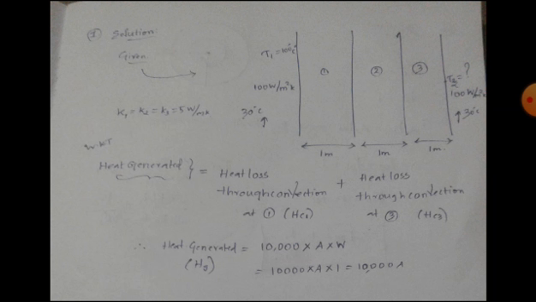That is what the formula is. That is, heat generated is equal to heat loss through convection process at 1 and heat loss through convection process at 3. And the heat generated for the whole slab 2 will be 10,000 into area, which we don't know because we only know the thickness. Okay, keep it as it is.